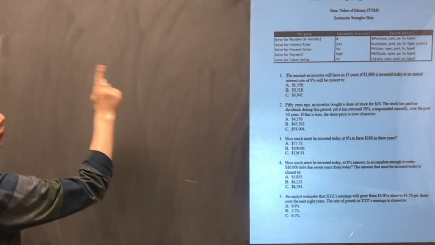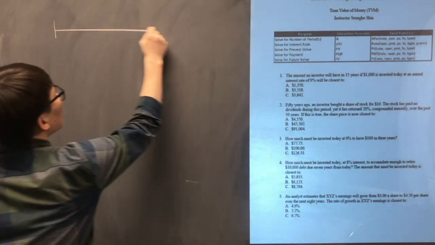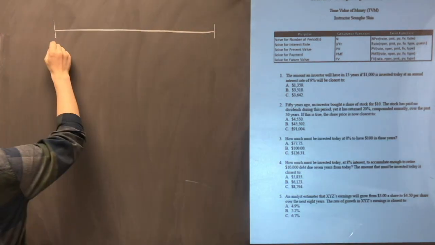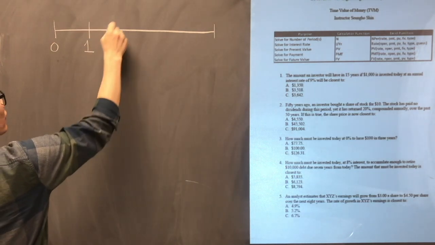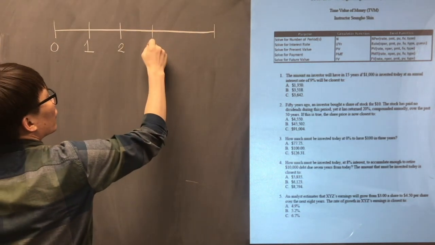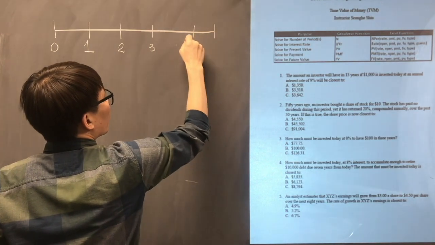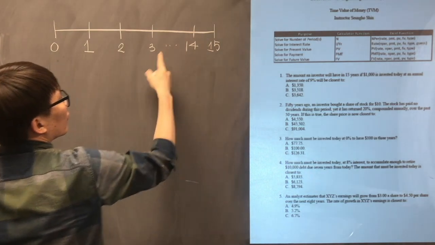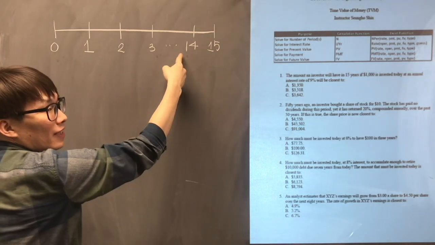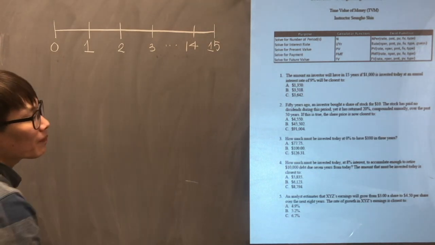All right, so they mention 15 years. So 0 will be today, right? 1 year, 2 years, 3 years, 14 years, 15 years, right? Between here, 4, 5, 6, 7, 8, 9, 10, 11, 12, 13, and 14, 15, right?